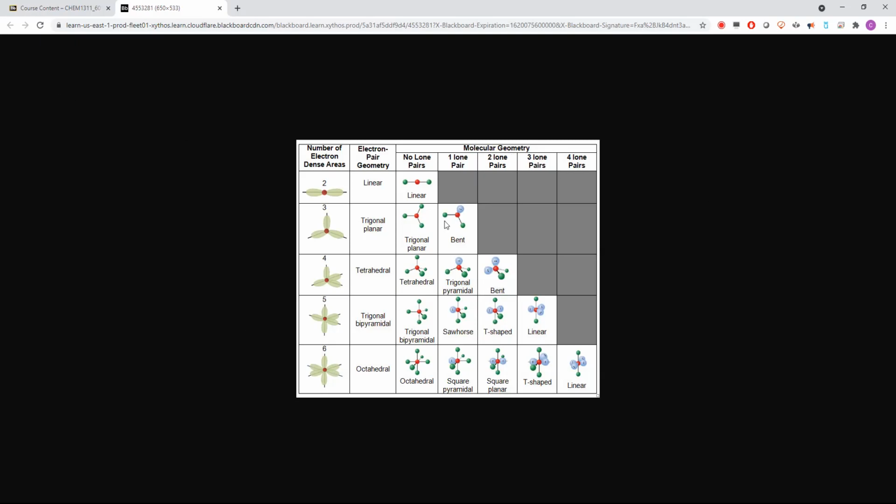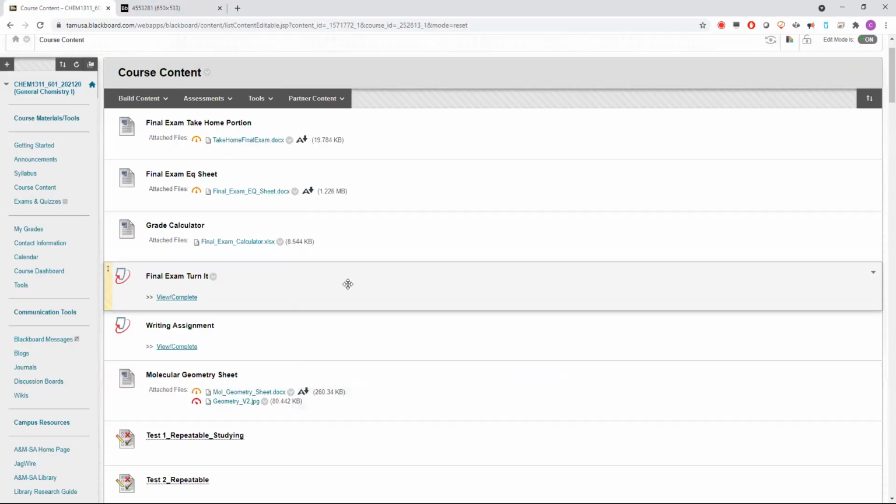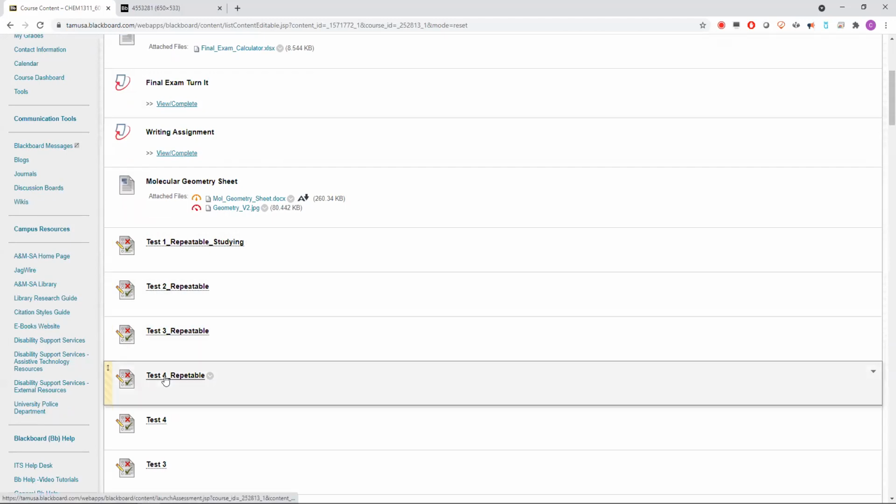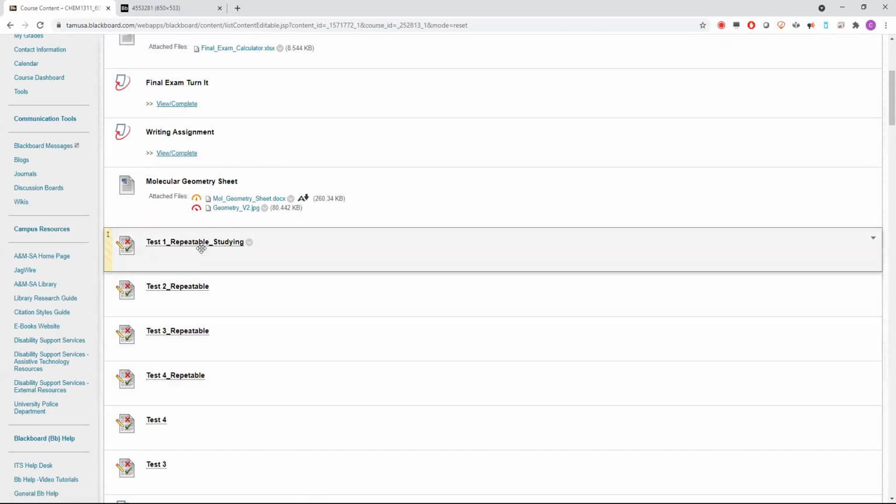Last thing that I made for you, I just copied test 1, 2, 3, and 4. And you can take these as many times as you want. That's why I have them as repeatable. They should be set up so you can do multiple attempts.